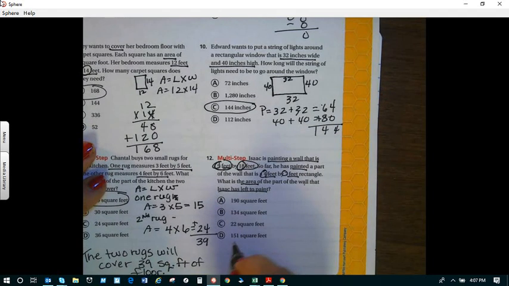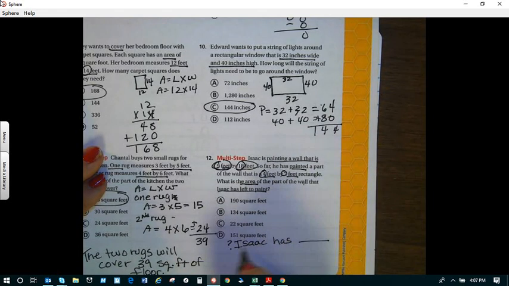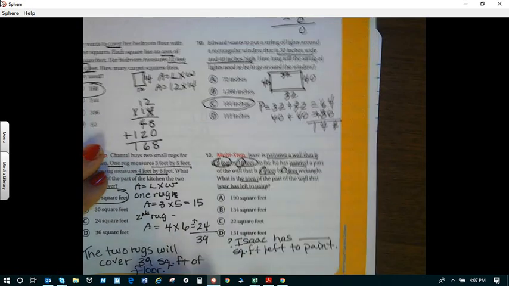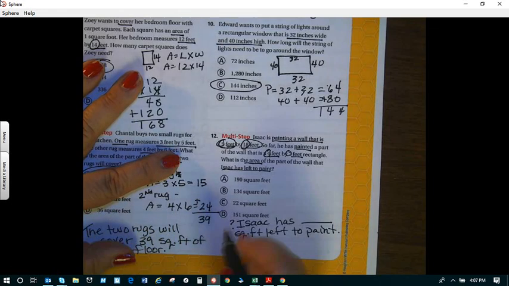So here I'm going to put the question, Isaac has blank square feet left to paint. Okay? Now, what do I know?